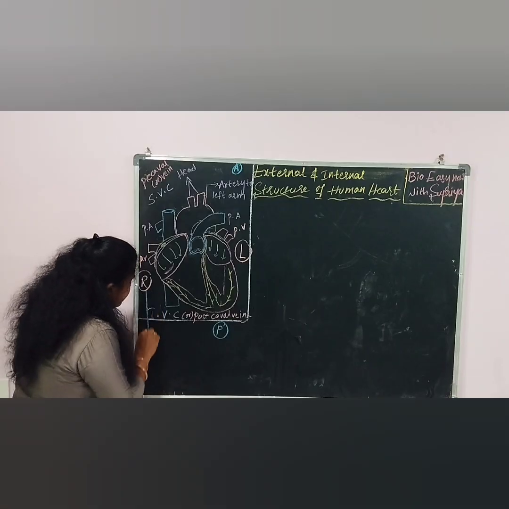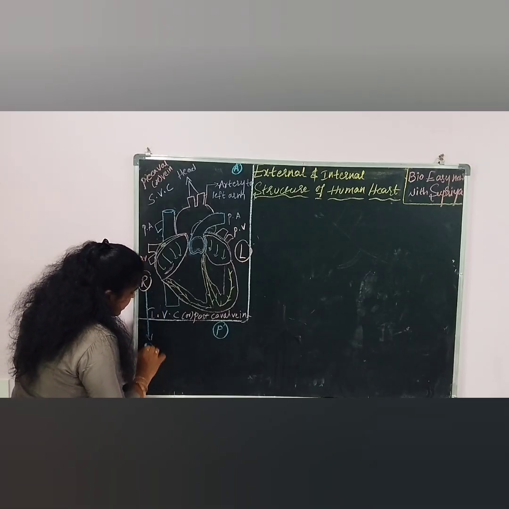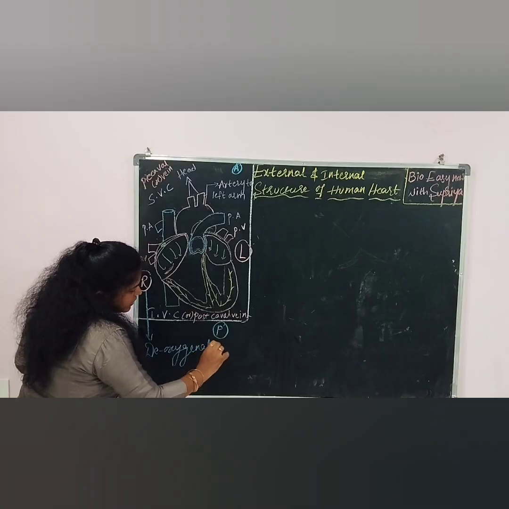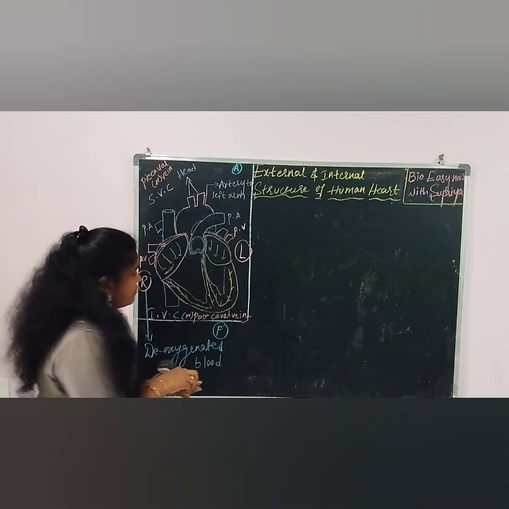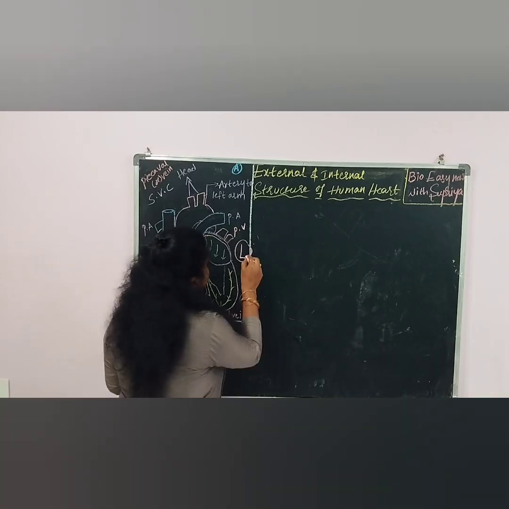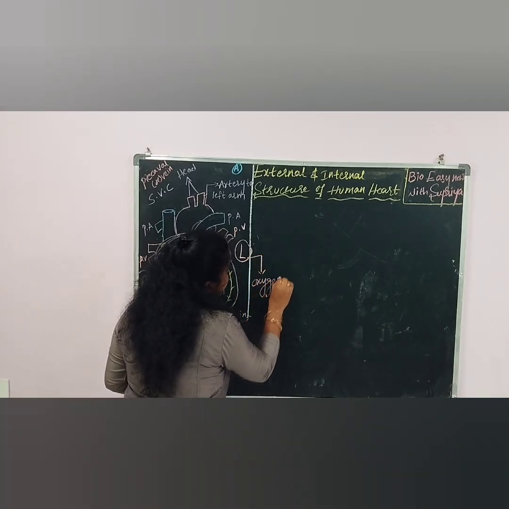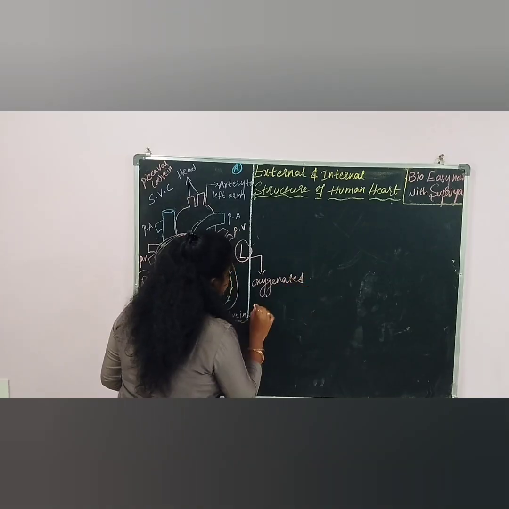The right side always carries deoxygenated blood, and the left side of the heart always carries oxygenated, that means oxygen-rich, blood.